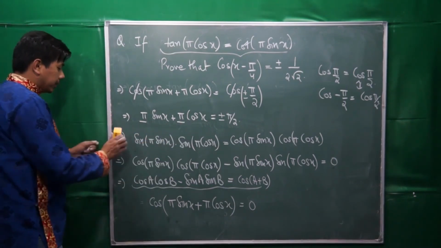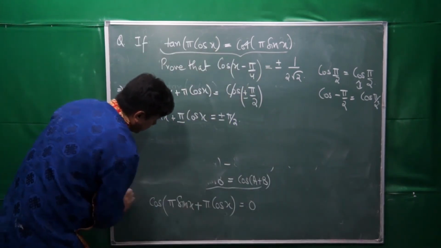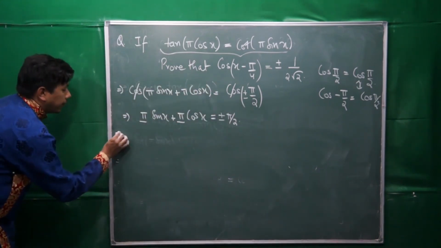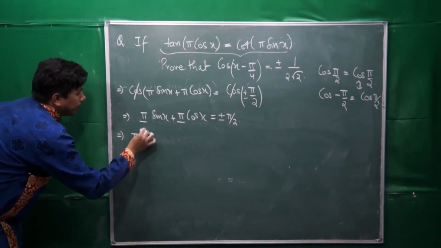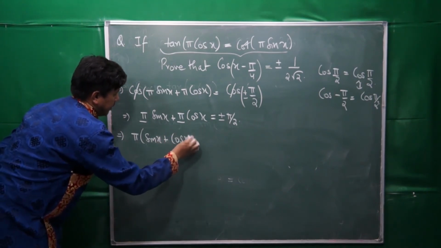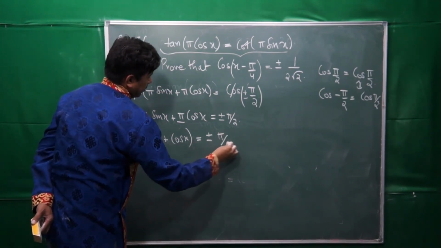Now, next step. You can see here, pi is common. So we will take pi common and then cancel it with the pi on the right hand side. So we have pi taken out common, and then (sin x plus cos x) equals plus minus pi by 2.